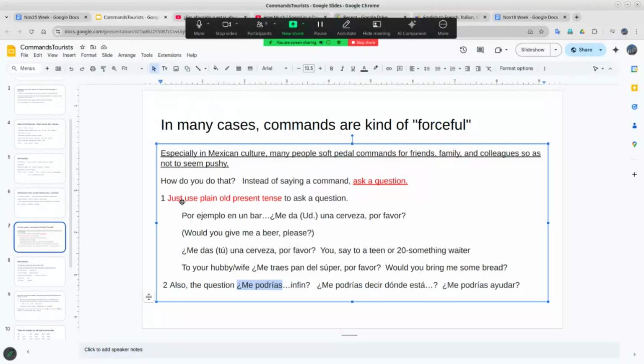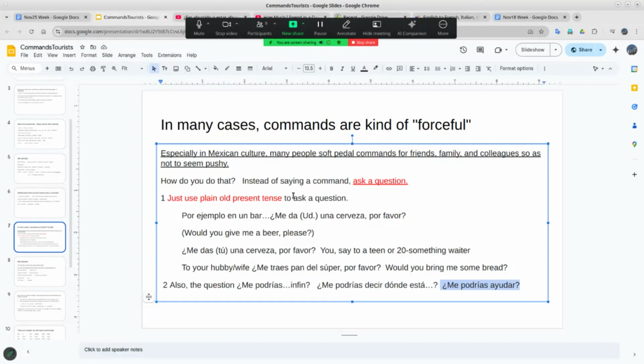Me podrías plus an infinitive. Me podrías decir dónde está? Could you tell me where something is located? Me podrías decir, could you tell me? This podrías for tú or podría for usted is could you do something? Me podrías decir. Me podrías ayudar.